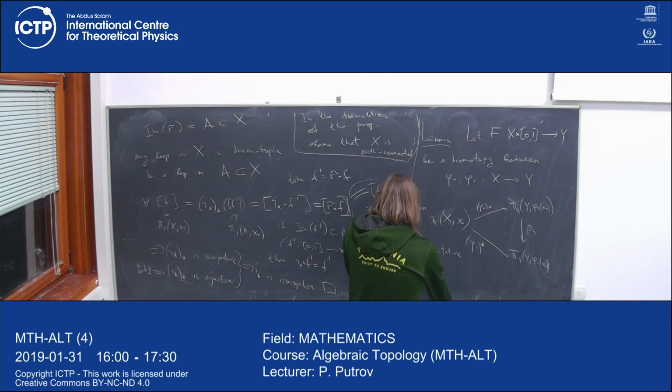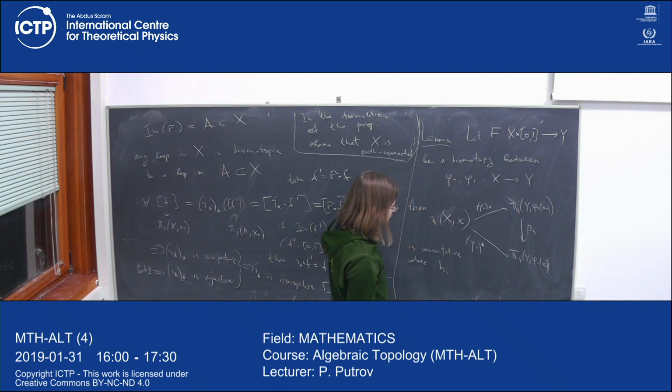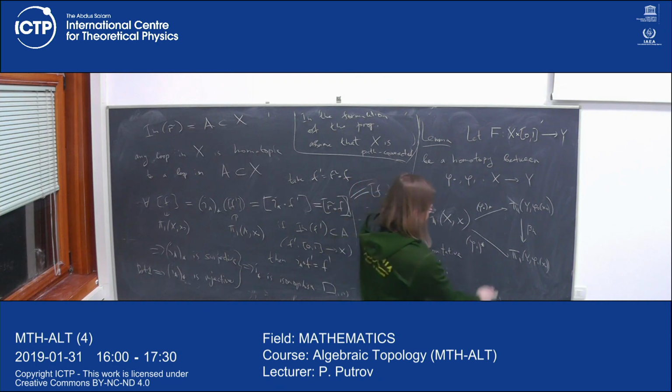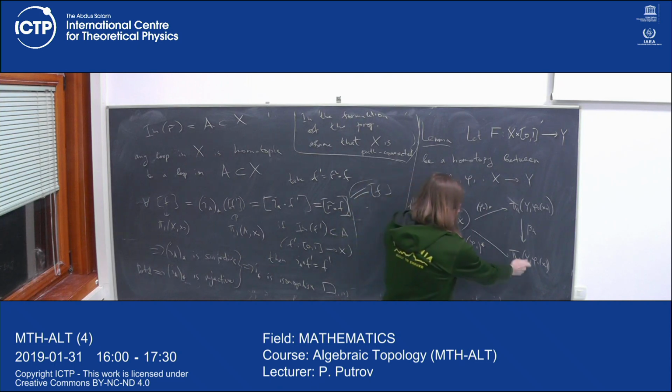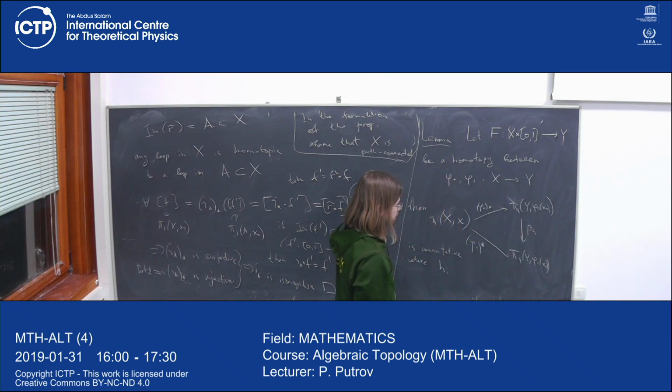Here BH is, as was previously defined, a map between fundamental groups of the same topological space, but with two different base points.